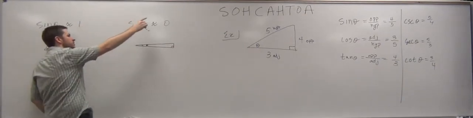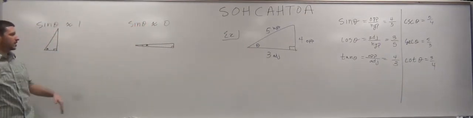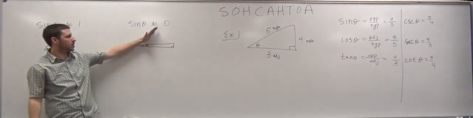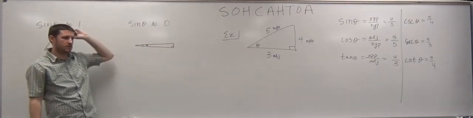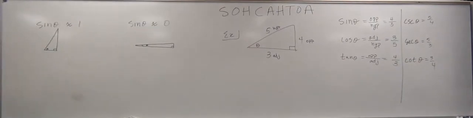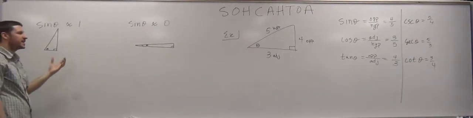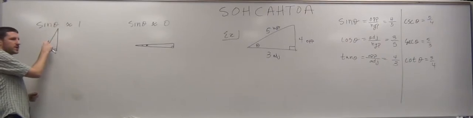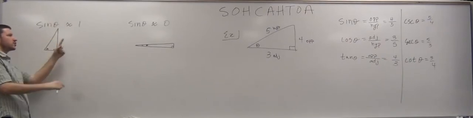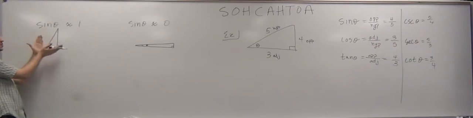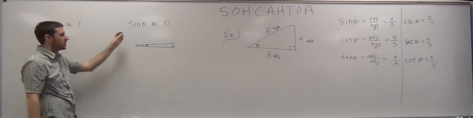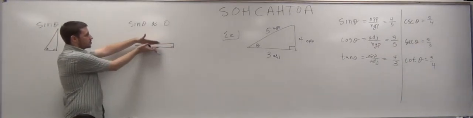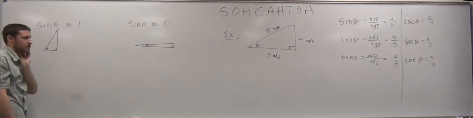And then as you range from 0 to 1, you kind of get taller and taller triangles. So sine measures the height of the triangle versus the hypotenuse. And when that ratio gets closer to 1, you're getting closer and closer to a straight vertical triangle. And when that ratio gets close to 0, you're getting closer and closer to a horizontal line.